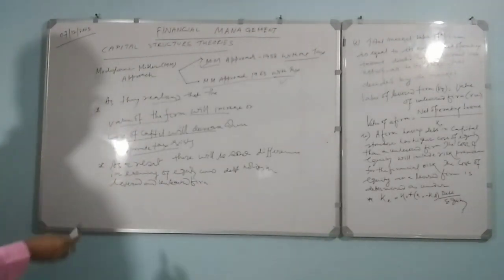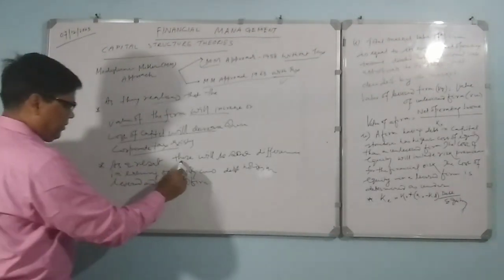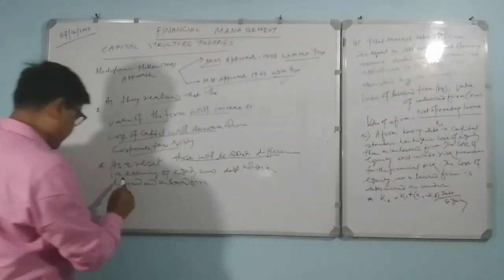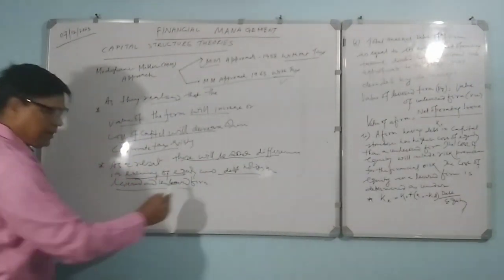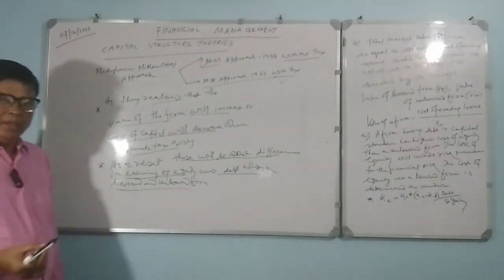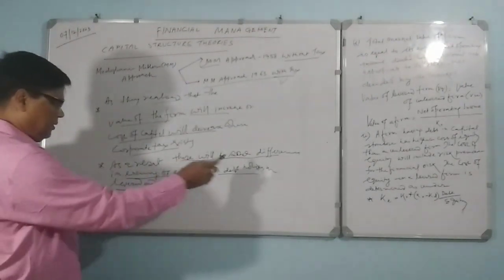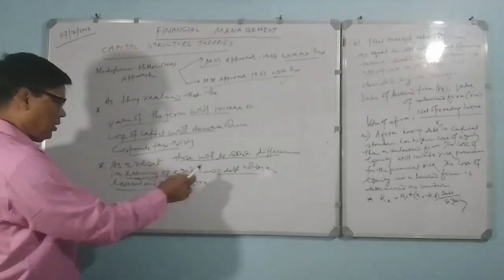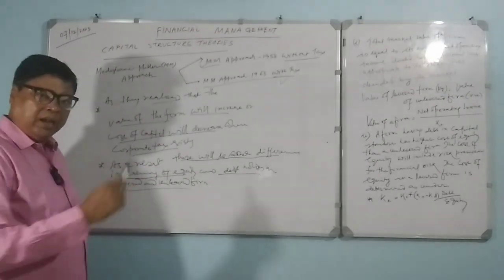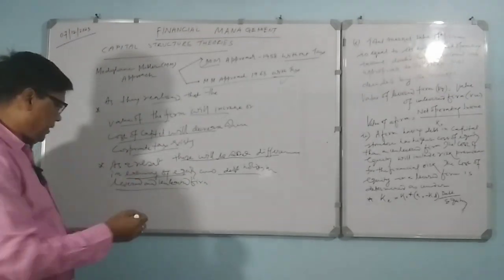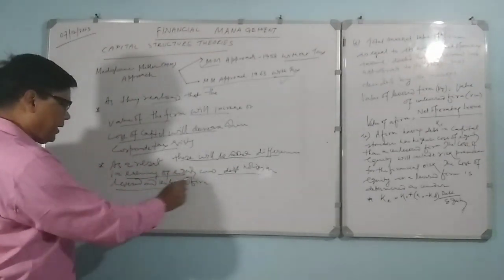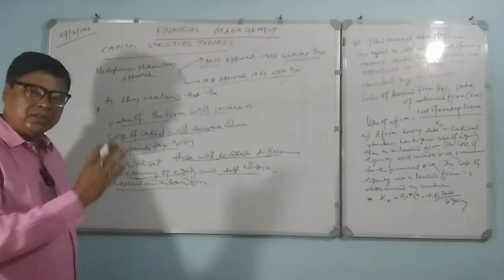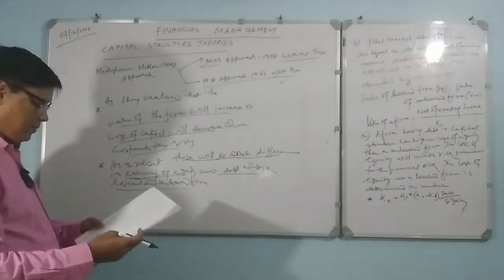See what they are telling, that as a result there will be some difference in earning of equity and debt holders in levered and unlevered firm. You see that in case of a levered firm only debt and equity will be there, in an unlevered firm no question of debt, but there will be some difference in the earning of equity and debt holders in such situations.